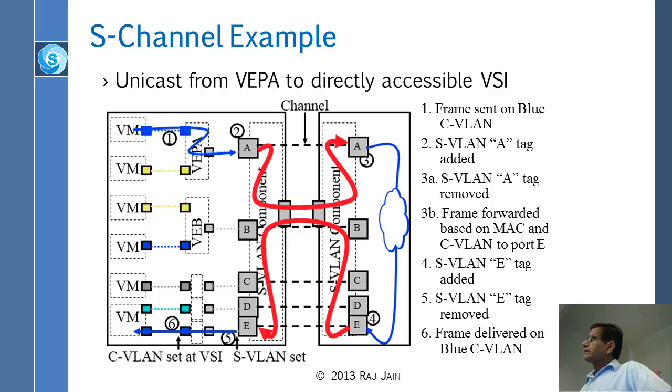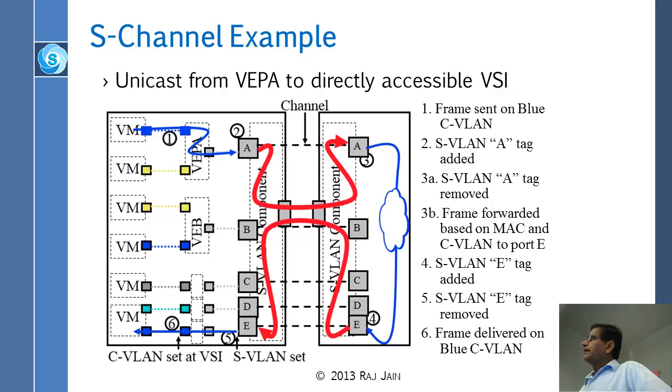Then this component, which we call the SVLAN component, is the component that actually does the encapsulating. This is the one that creates a new VLAN, so here a new VLAN tag is put. Now the packet is encapsulated: at number 2, the packet is encapsulated and a new VLAN is added. Now it gets out here, and based upon that VLAN it gets to this component, which puts it into this port 3, where that tag is taken off. Now only one tag is left. In this part there are two tags.